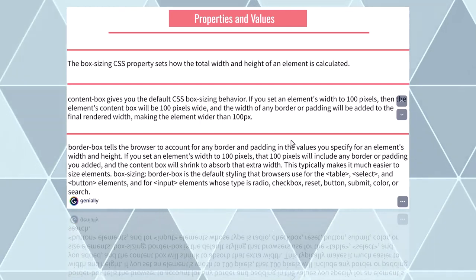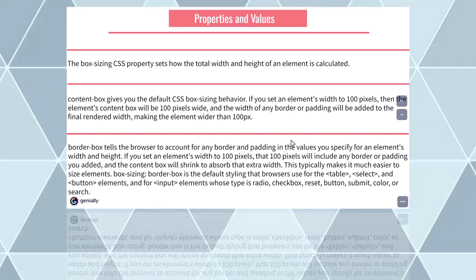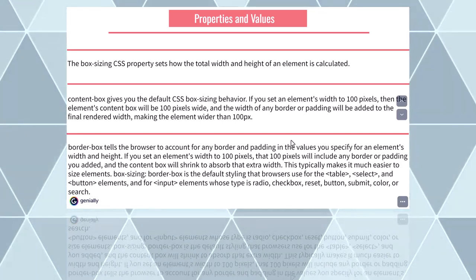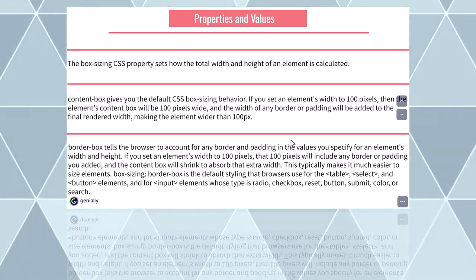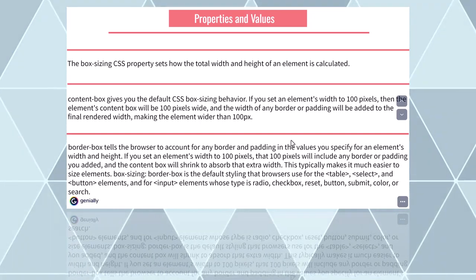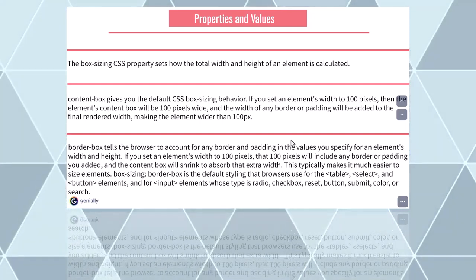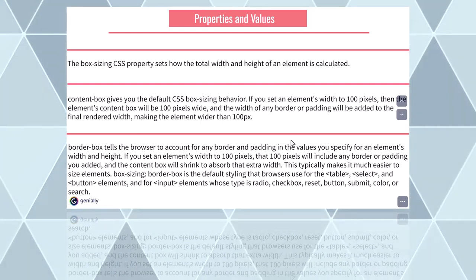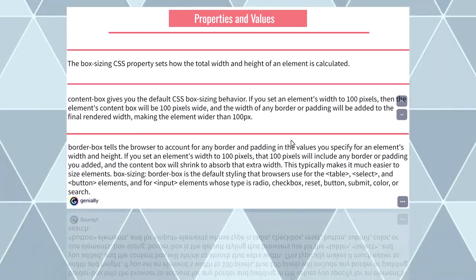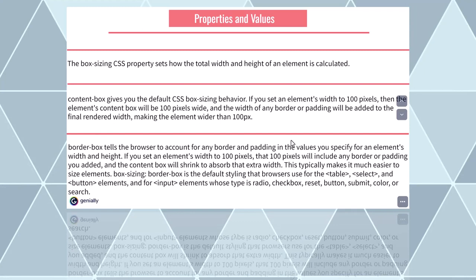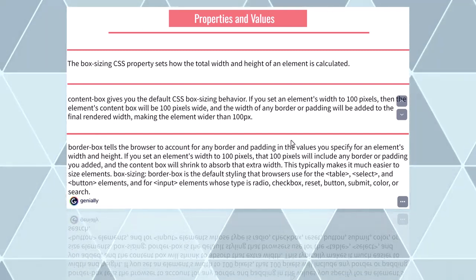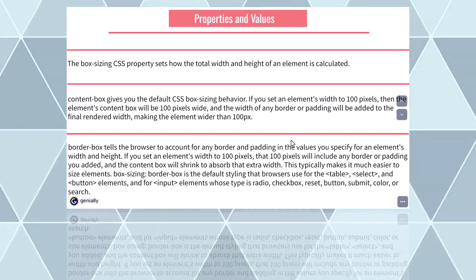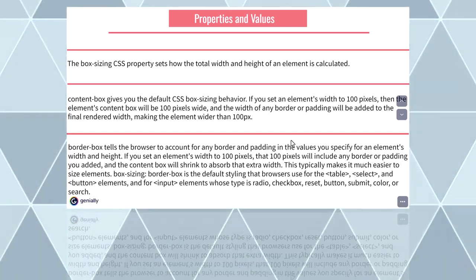If you define a width of 100 pixels, it's going to shrink the content instead of adding another space, so that you remain with that 100 pixels that was predefined. So on content-box, it adds based on the border that you have defined.